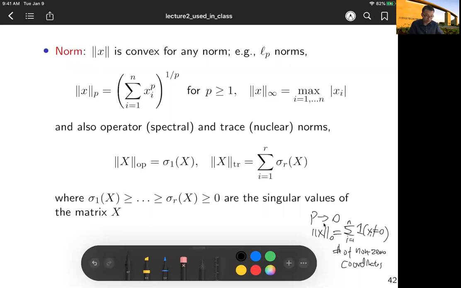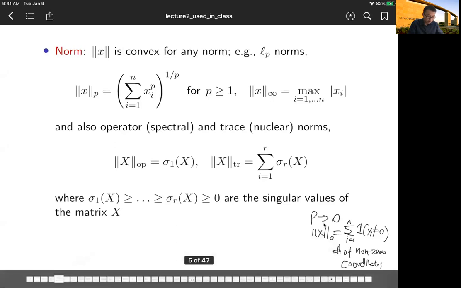Therefore, this is not a convex function. Interestingly, problems that deal with the L0 norm, or the rank of a matrix measured by the number of non-zero singular values, can sometimes be solved as convex optimization problems by an interesting reformulation.